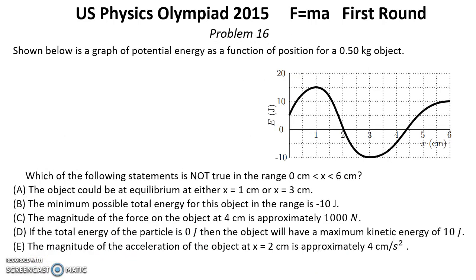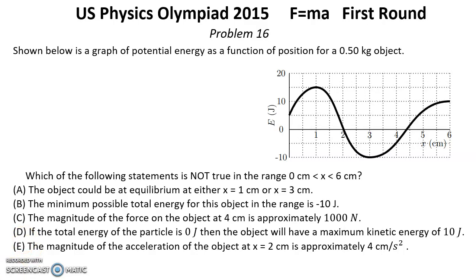Problem number 16. Shown below is a graph of potential energy as a function of position for a 0.5 kilogram object. Which of the following statements is not true in the range from 0 to 6 centimeters? Solution. Let's check all statements. A. The object could be at equilibrium at either x equals 1 centimeter or 3 centimeters.